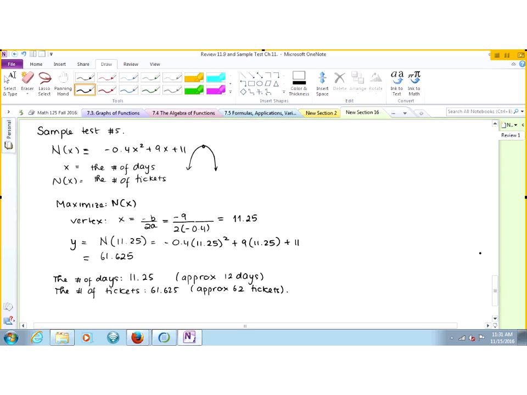That gives you negative 50.625, plus 9 times 11.25, and then plus 11. Yeah, we don't do any rounding in the middle. Okay, so now what else?